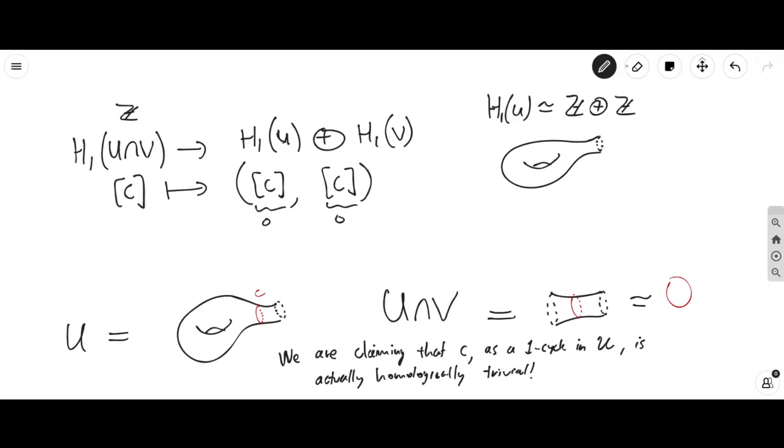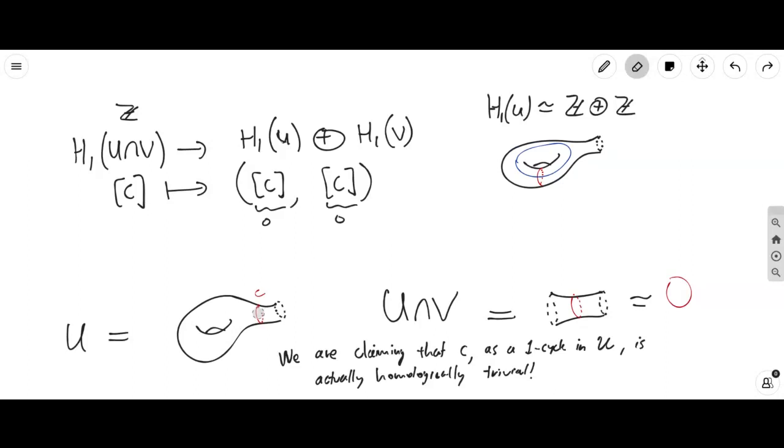So this is U again. One of the generator loops is going to go around this inner ring, and the other generator loop is going to go around this one. It doesn't matter how you orient it. And we're claiming that this C we're getting, it's clear you cannot really homotope it into that one, but this C is not this one and it's not that one.